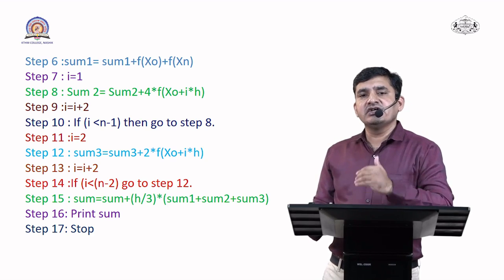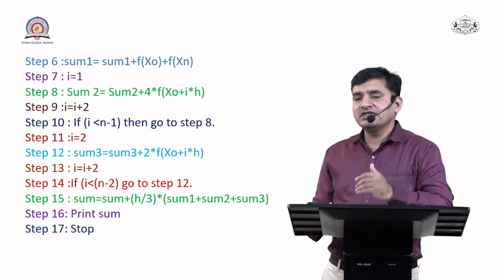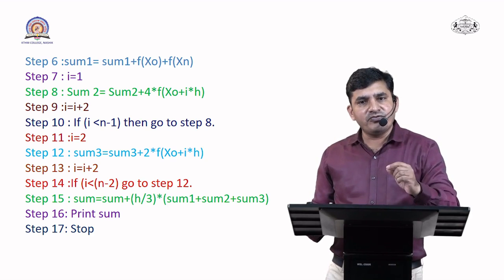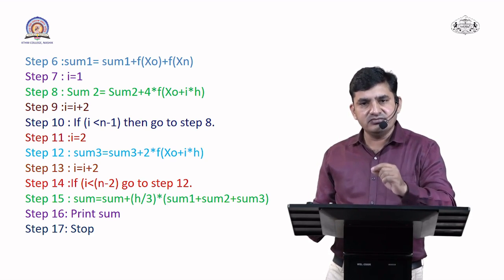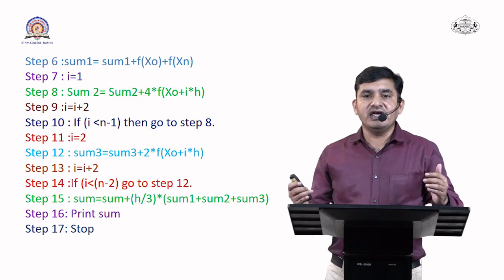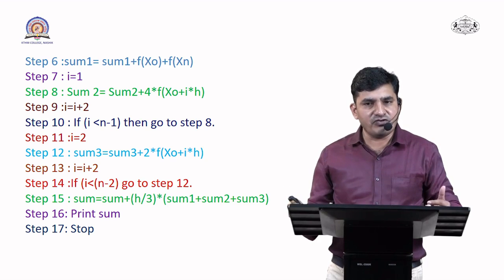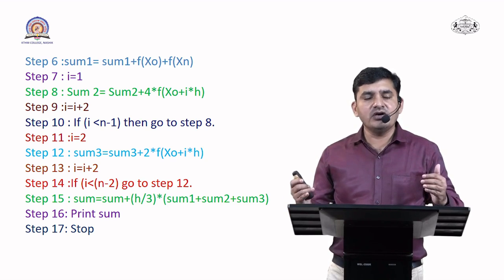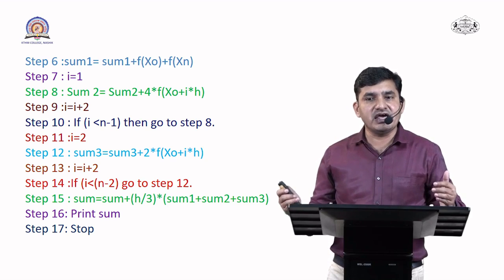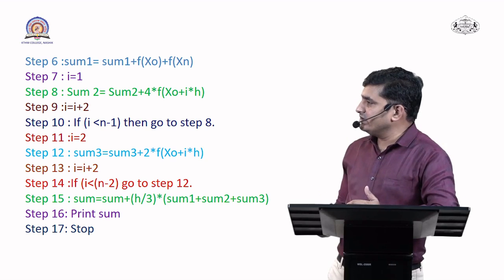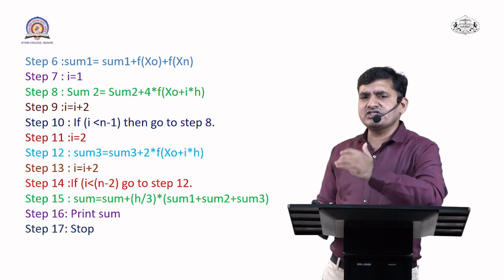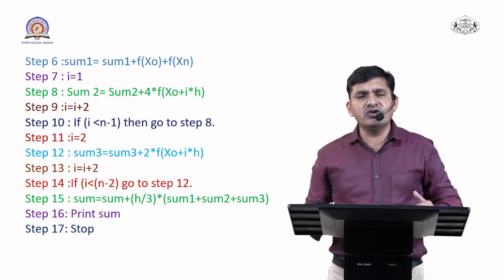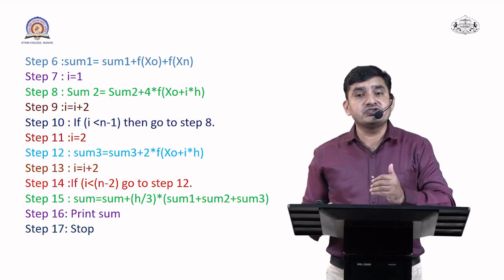That is f of x1 plus f of x3 plus f of x5 and so on up to f of xn minus 1. Then we have to update I is equal to I plus 2.